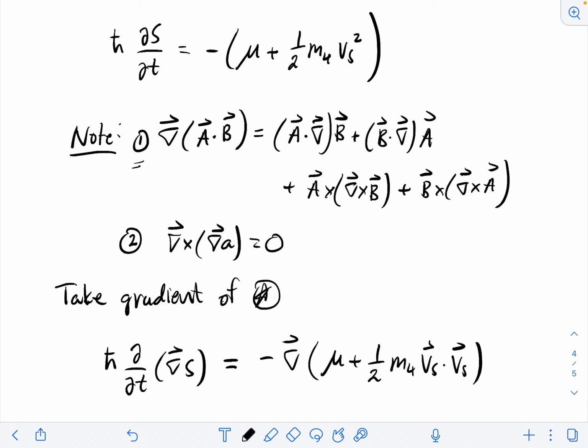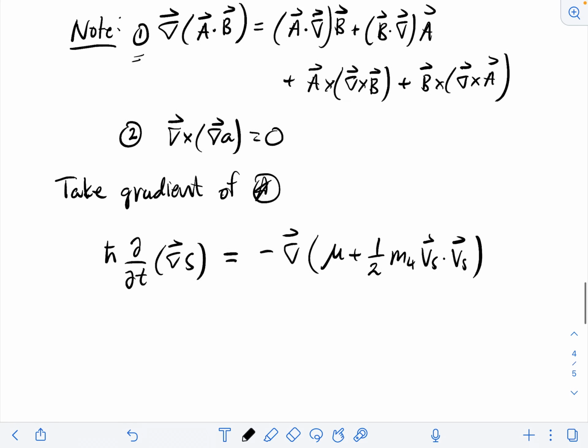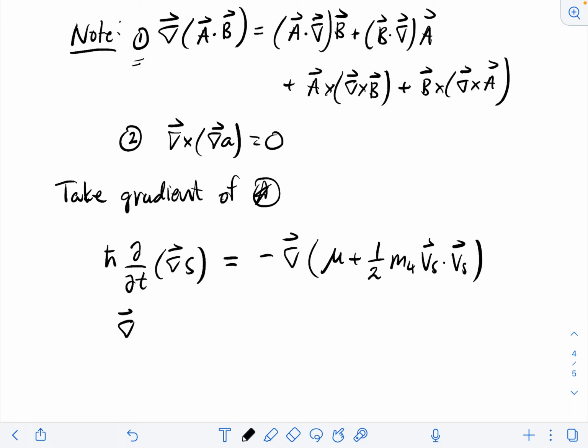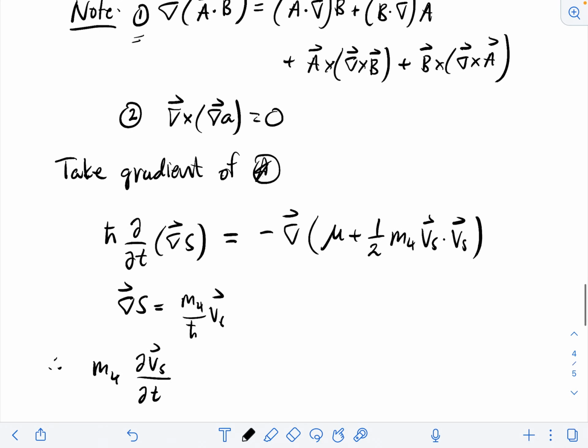Okay, so let's just remind ourselves that the gradient of s could be written as m over h bar times vs. And so when we sub that in, the h bars are going to cancel, and we'll just have an m4 d by dt of vs. And then on the right-hand side, we'll have minus the gradient of the chemical potential.